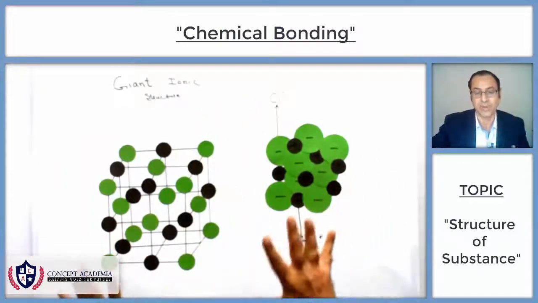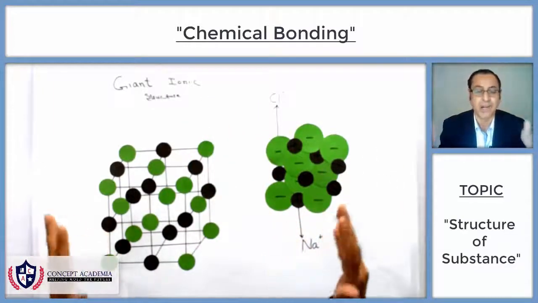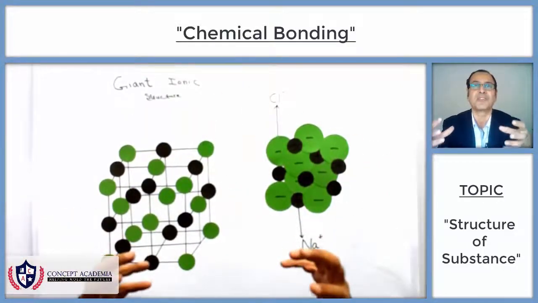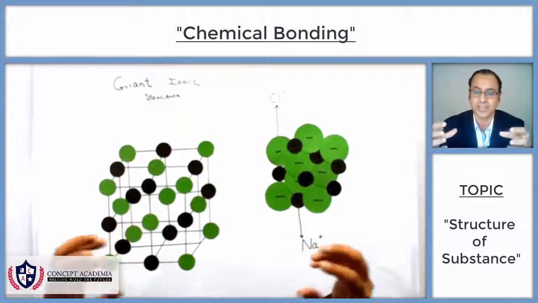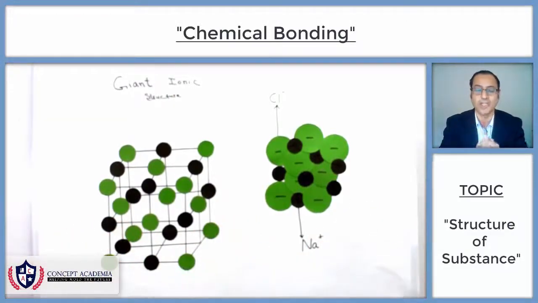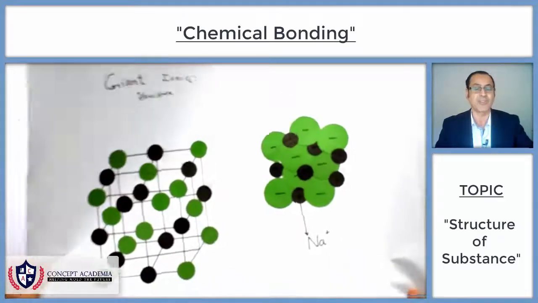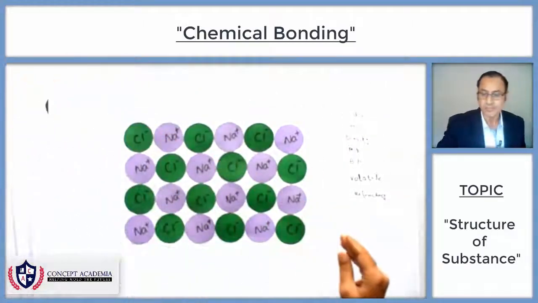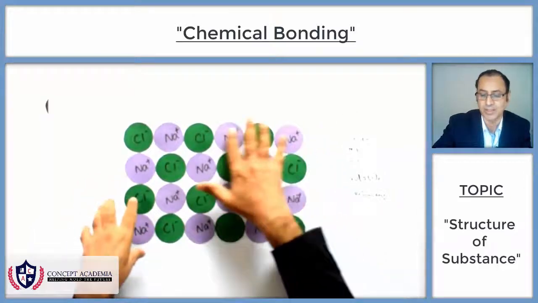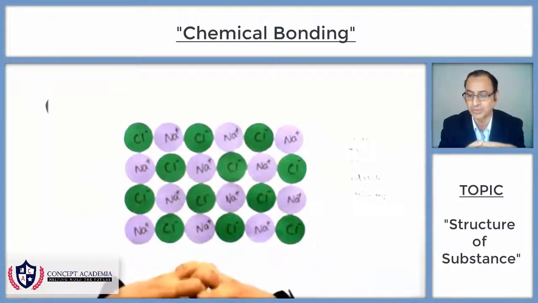The structure of the ionic compound we call the giant ionic structure, in which the positive and negative ions are attached with one another with strong forces of attraction, like the positive sodium ion and the negative chloride ion.